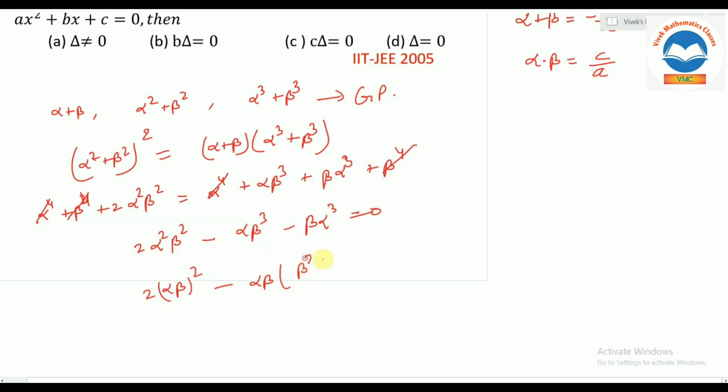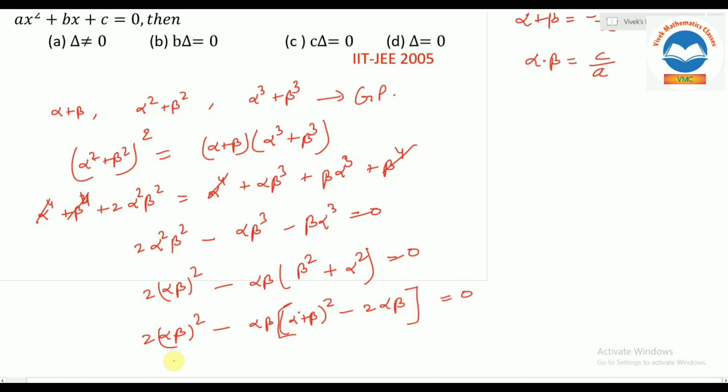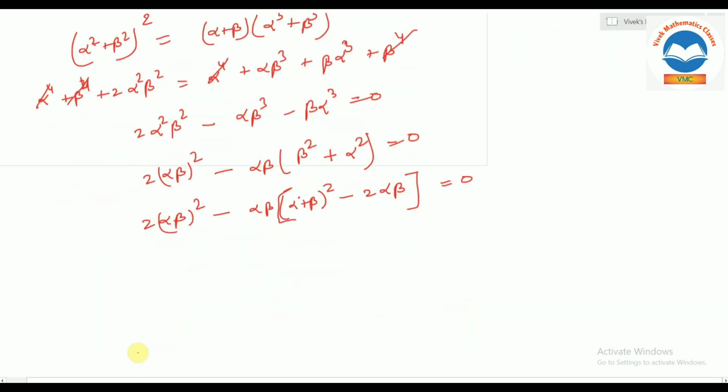We will get beta square plus alpha square, and this will be 0. Now beta square plus alpha square we can write as alpha plus beta the whole square minus 2 alpha beta. So we get 2 alpha beta the whole square minus alpha beta times alpha plus beta the whole square minus 2 alpha beta equal to 0.